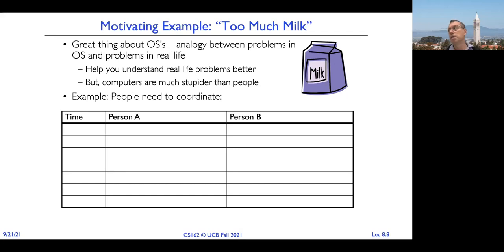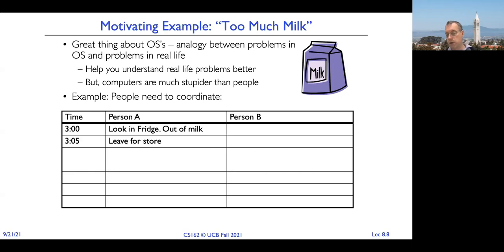And the goal here is to not get too much milk. How can you get too much milk? Well, think about this sequence of events. At 3 o'clock, the first roommate, let's call her person A, looks in the fridge, there is no milk.